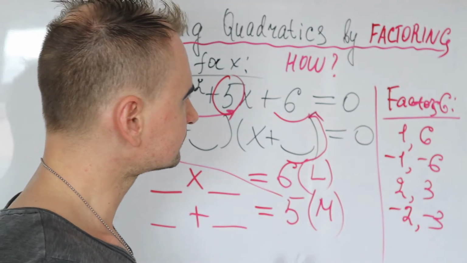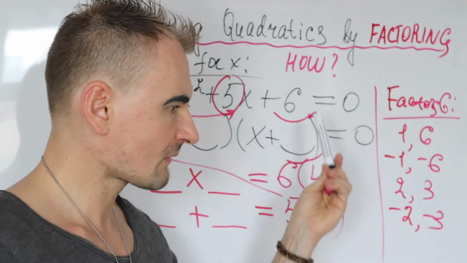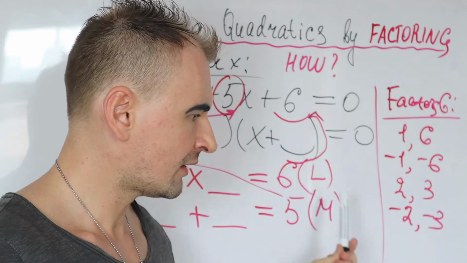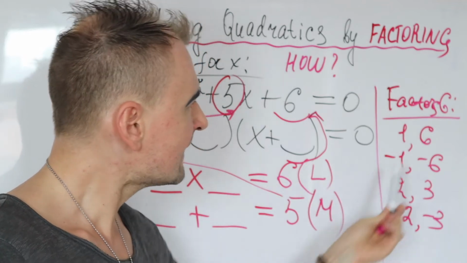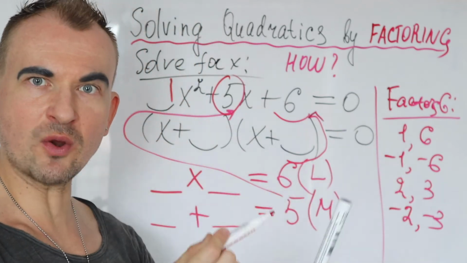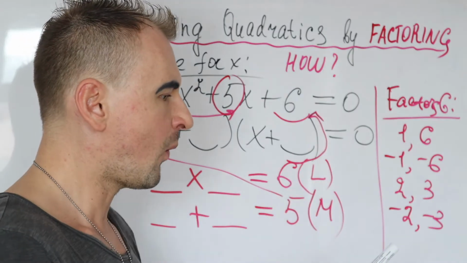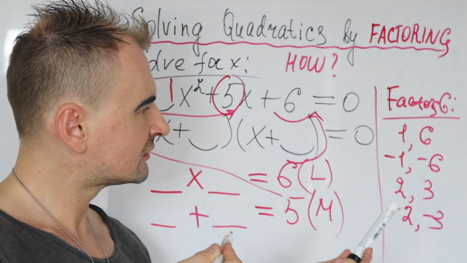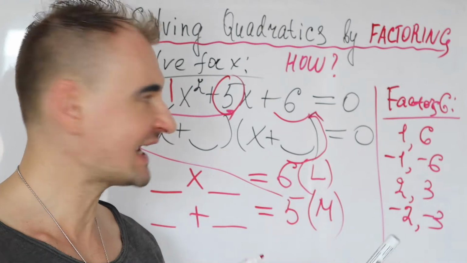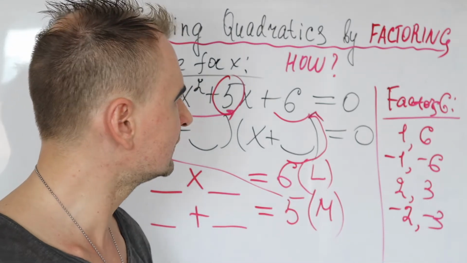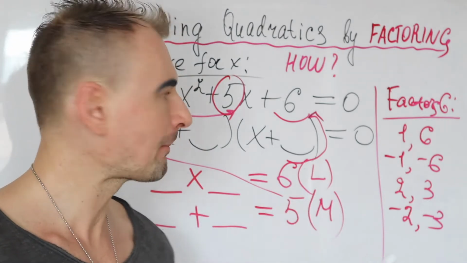I think we're done with this list. You can also switch the order. It could be 6, 1, 3, 2, negative 3, negative 2, but at this point it doesn't matter.